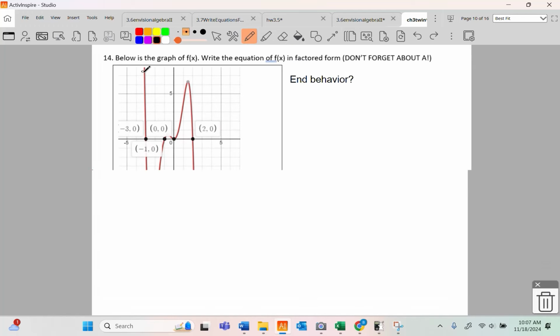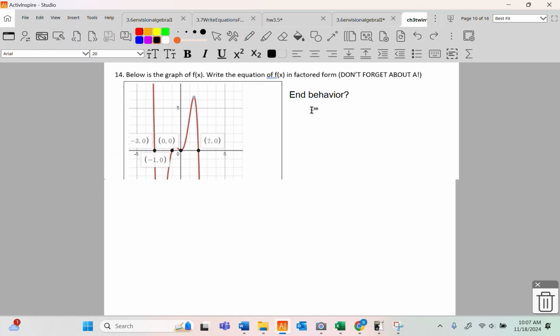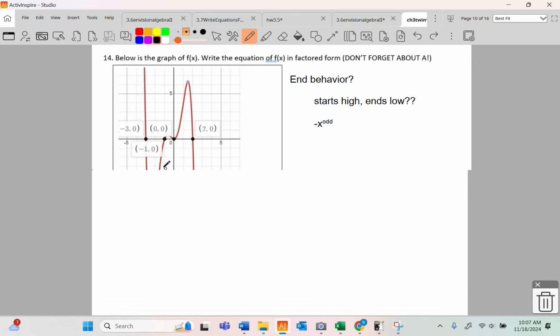It's starting high and it's ending low. So what does that mean? Well, that means it's at least a negative x to the odd. I didn't give you the full graph, but you should kind of know that if this thing goes down, eventually it's going to come back up, right?